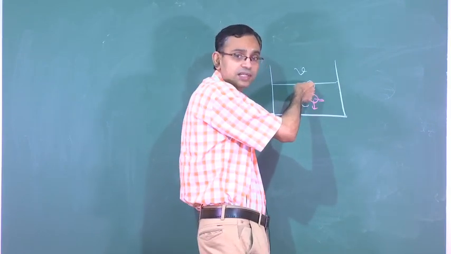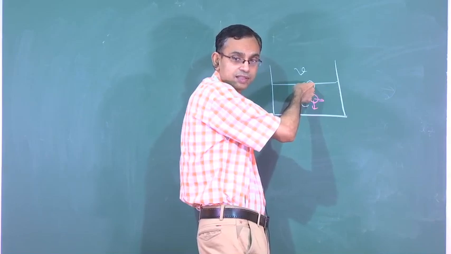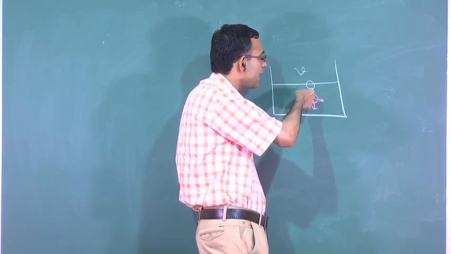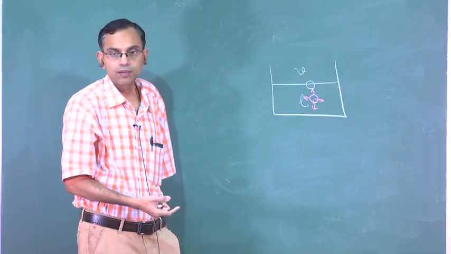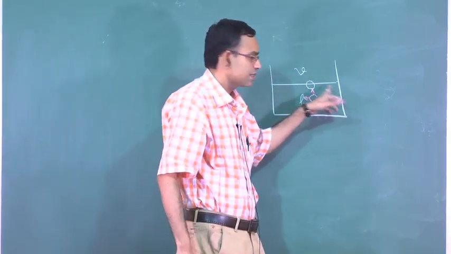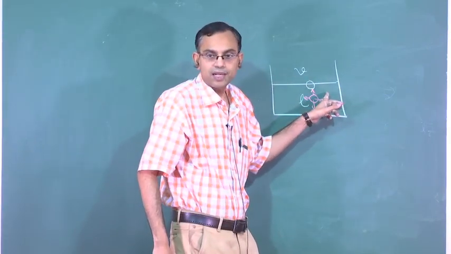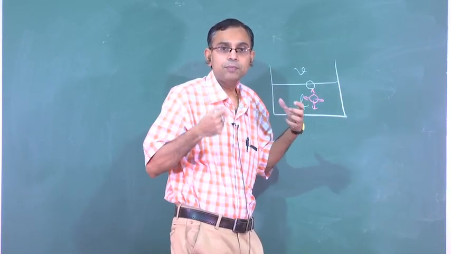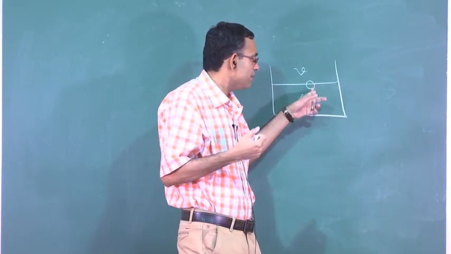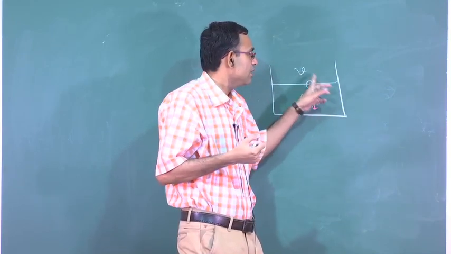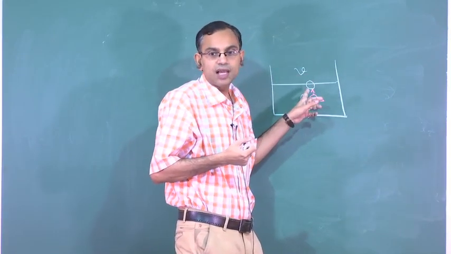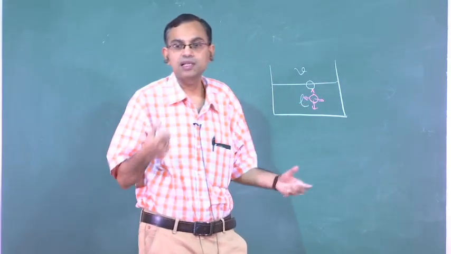But this molecule does not go towards the inside, because if it goes inside then the interface will not be stable, but the interface remains in its composure. That means the interface has some energy which overcomes this differential force and keeps the interface as it is, and this energy is called surface energy.